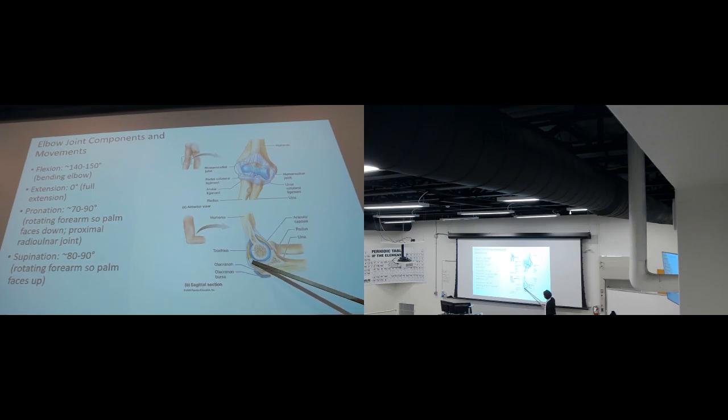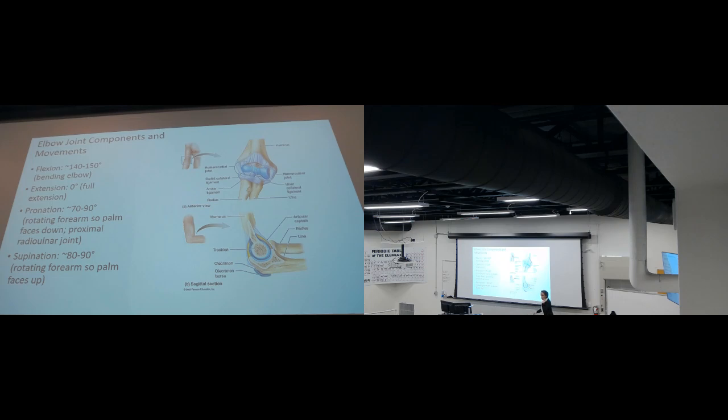So here is the olecranon process, and then this is the trochlea, this is the trochlear notch, this is the coronoid process, so this is the lateral view. And here, in the posterior part, above the trochlea of the humerus, you have the coronoid fossa. Sorry, the olecranon fossa, which is the largest fossa that fits the olecranon process.